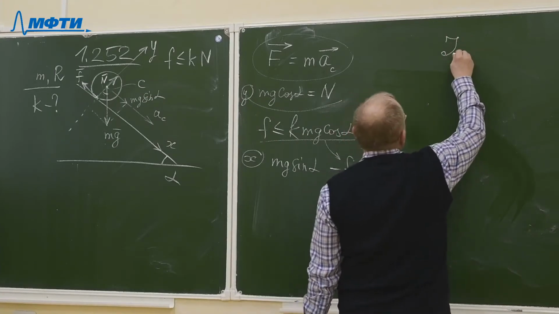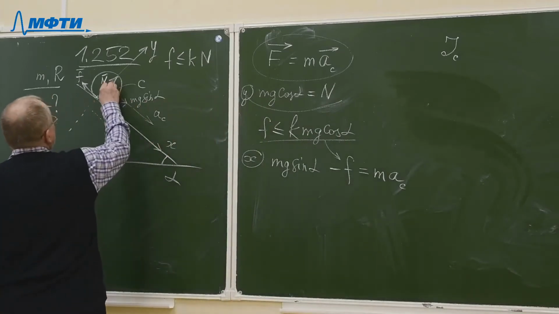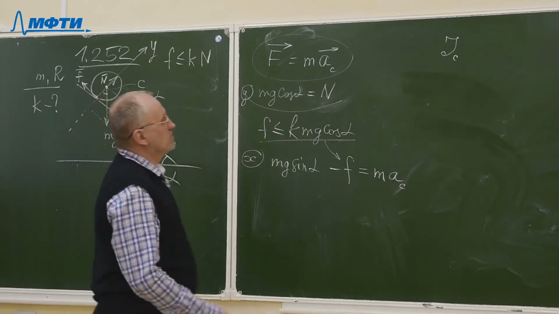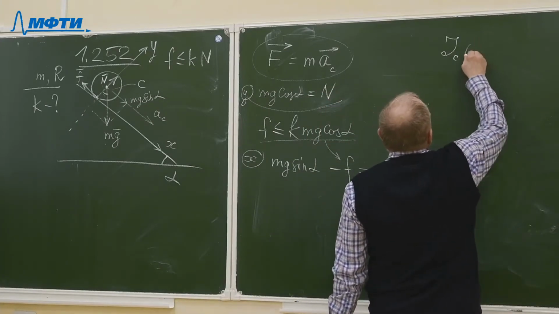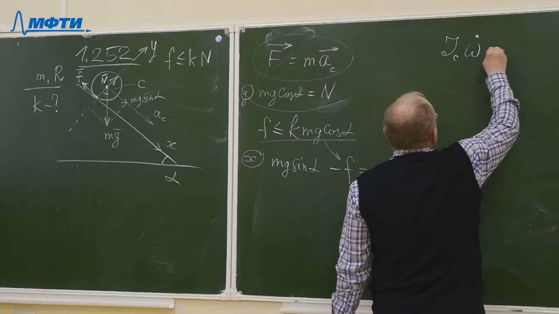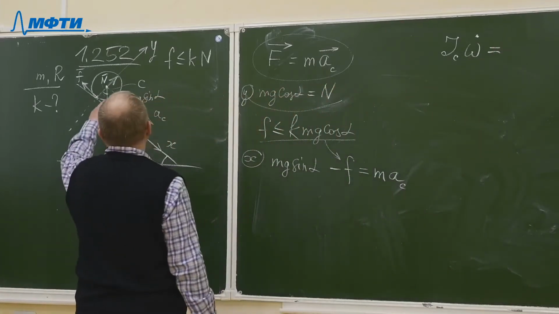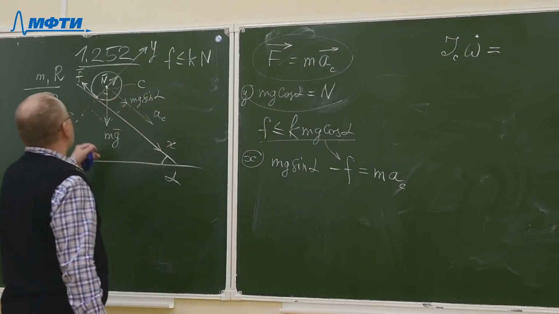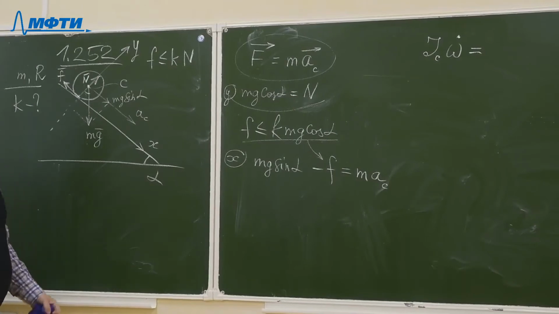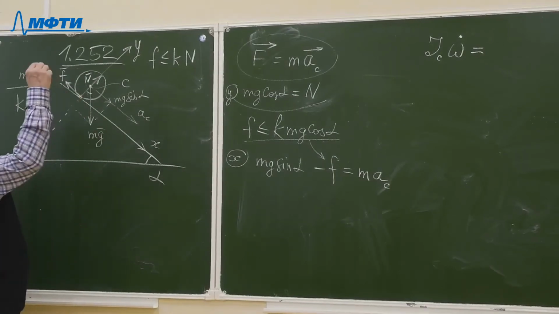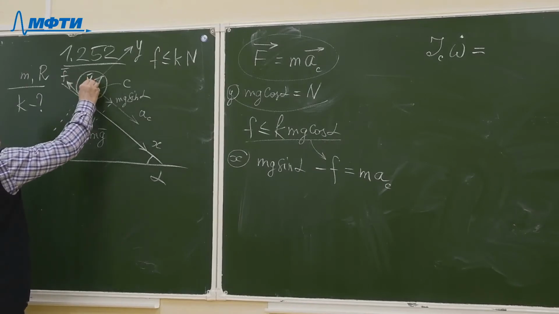That is the moment of inertia with respect to the center of mass, this point, times omega dot, which is the time derivative of the angular velocity of this sphere, should equal the torque of all forces acting on the sphere. The torque should be calculated with respect to the axis of rotation which goes through the center of mass.